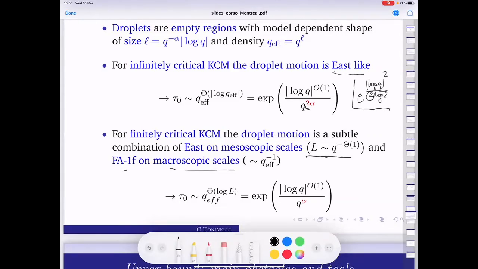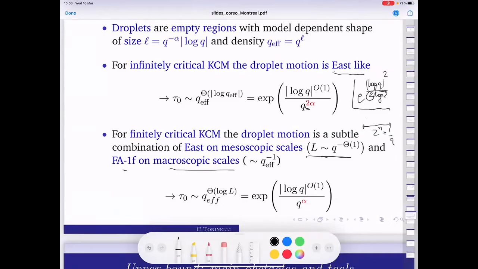So you have this bottleneck, which corresponds to the fact that you have to create these log Q sites, log base 2. So if you want to go to the distance 2^n, which is here for us Q, you have to create n empty sites.